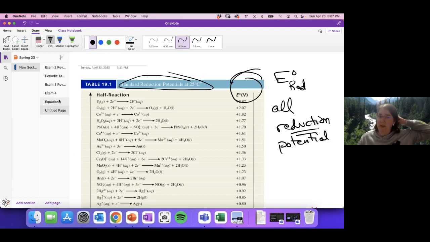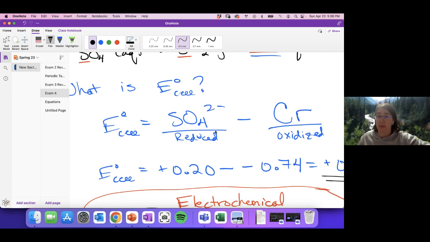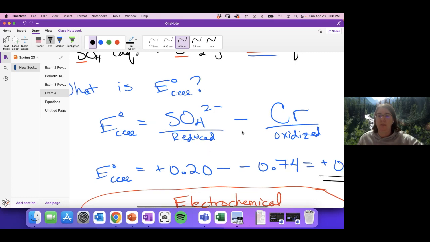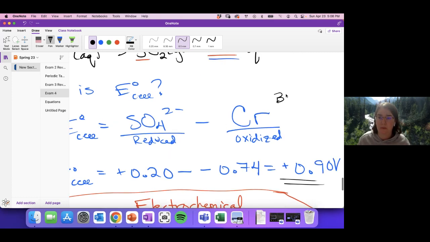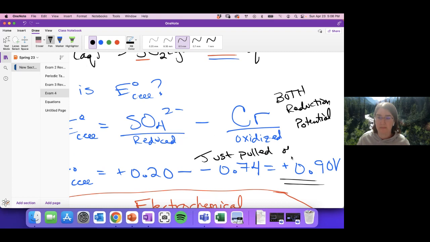So when I'm writing my little equation and I say one minus the other one, I'm saying that all of those in the subtraction set are actually reduction potentials, because I just pulled them off the table. I didn't flip any signs. I didn't do any of that.